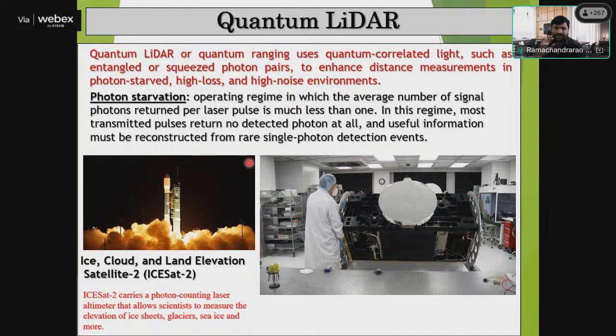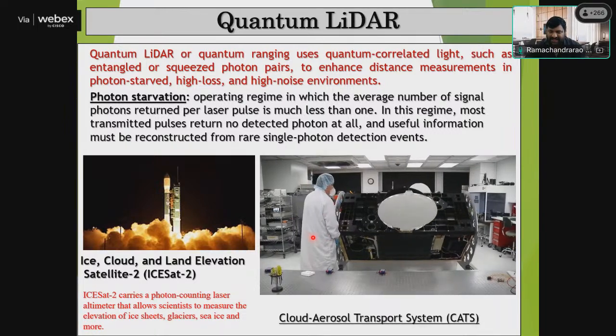The most important thing is that out of 100 events, very, very rare events come as single photon detection events. Using those events, people are doing signal reconstruction. So you must reconstruct with that information from the very, very rare single photon events.